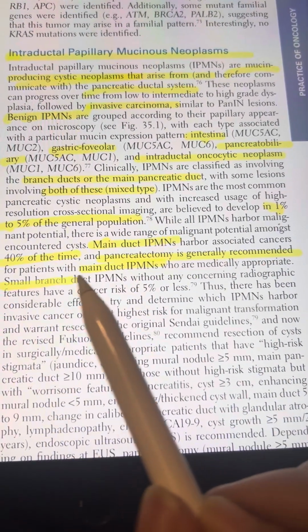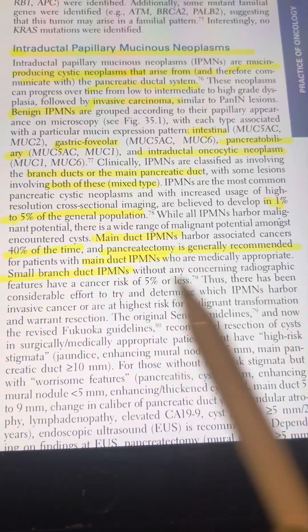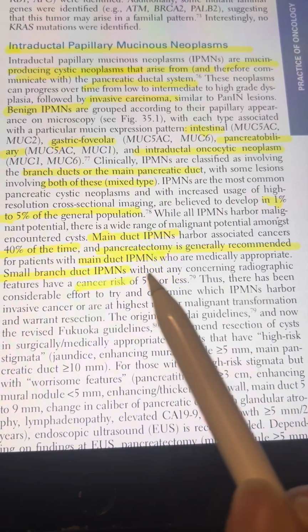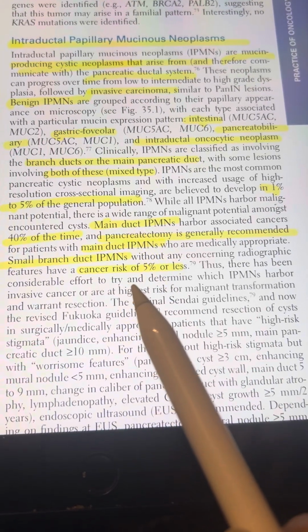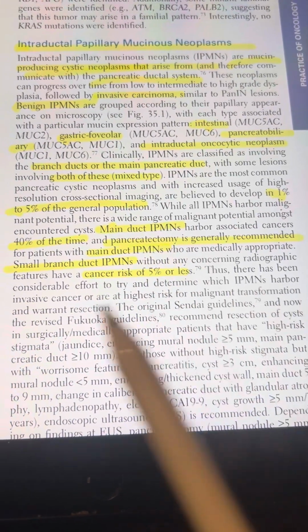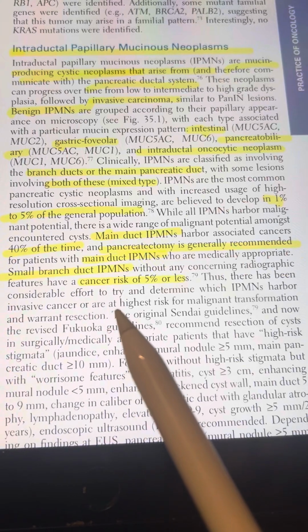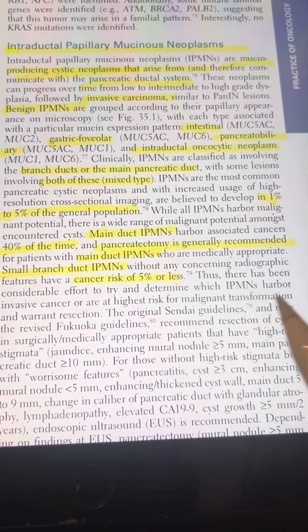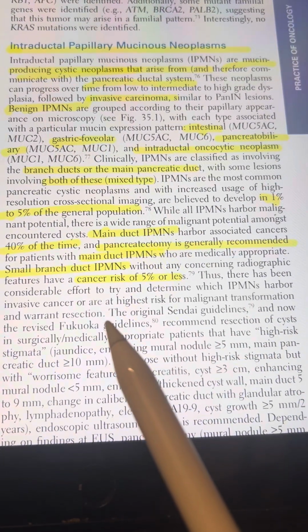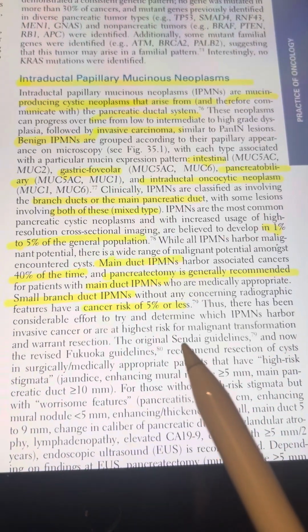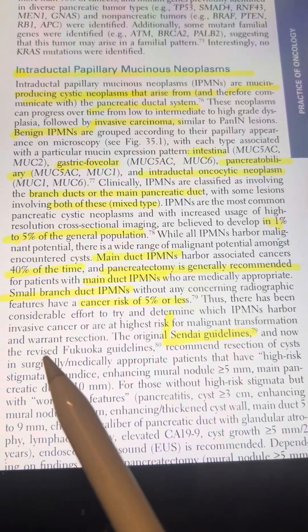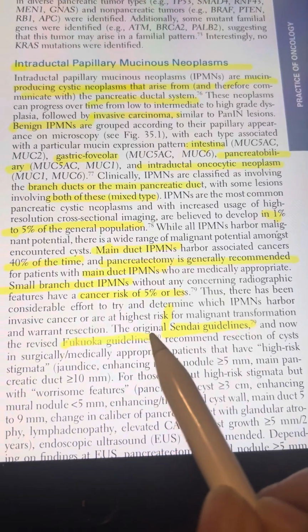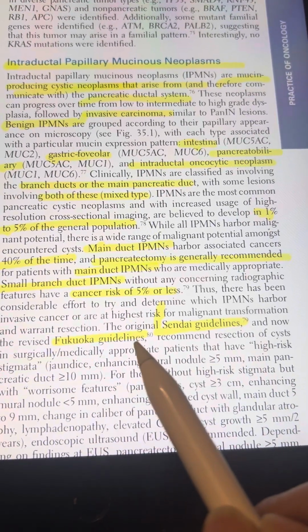Small branch IPMN without any concerning radiological features have a risk of cancer less than 5%. There has been considerable effort to determine which IPMNs harbor invasive cancer or are at higher risk of malignant transformation and warrant resection. The original Sendai guidelines are now revised, that is the Fukuoka guidelines.